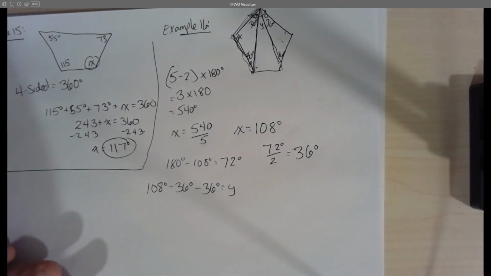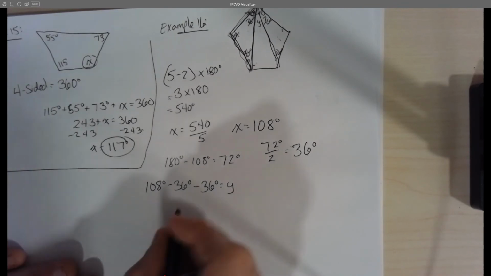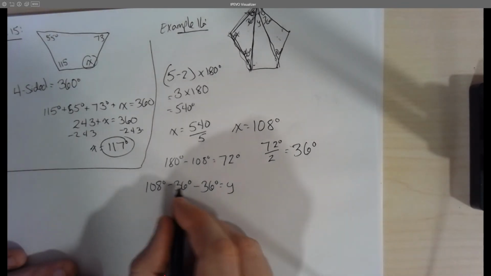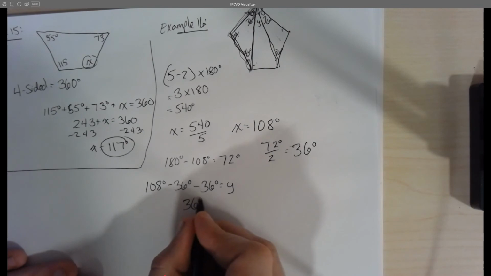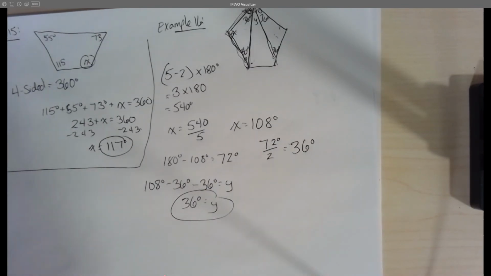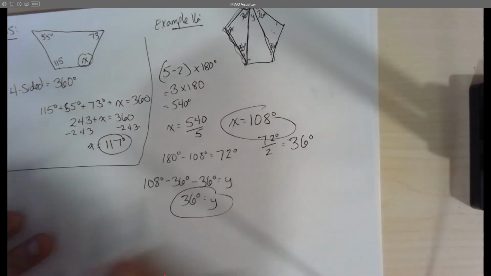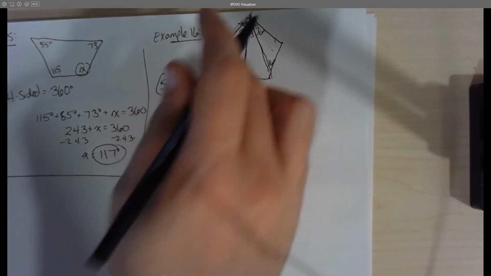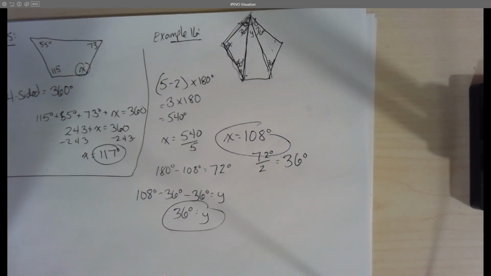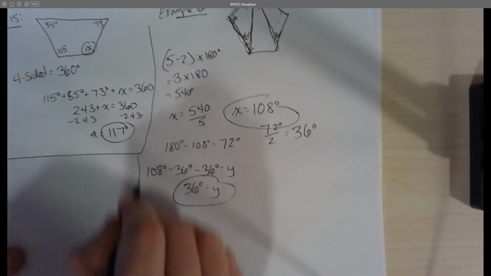When I plug all those in together, interestingly enough, 108 minus 36 minus 36 leaves me with 36 degrees for my angle y at the top, that missing angle in between. So there are a number of different ways to solve for what's there, but we're piecing together what we know in terms of triangles and regular shapes in order to figure out our final value.